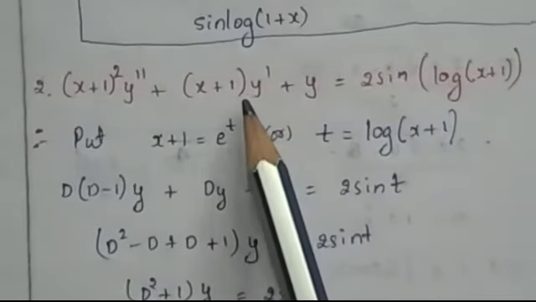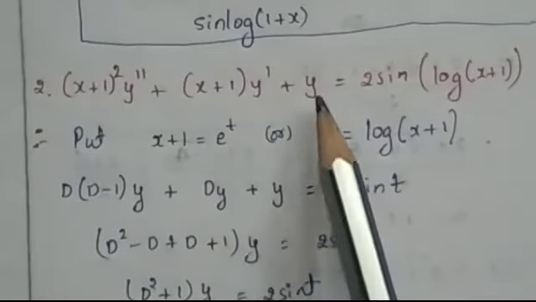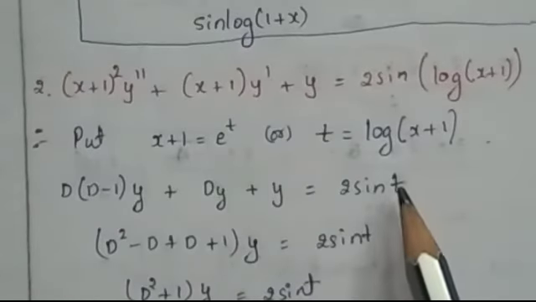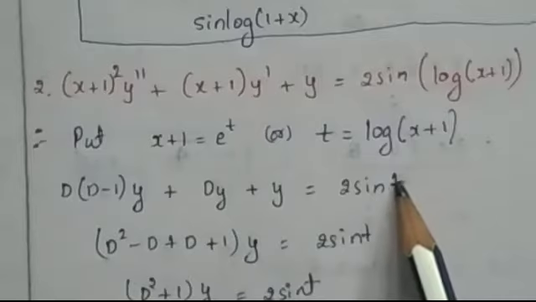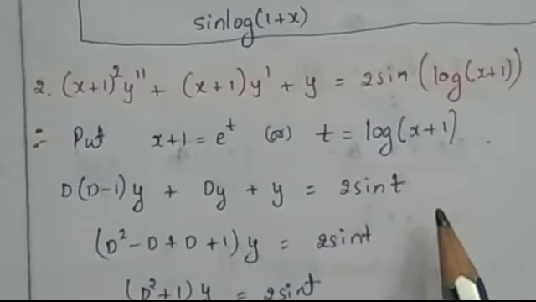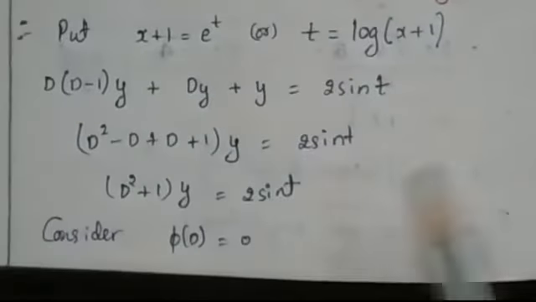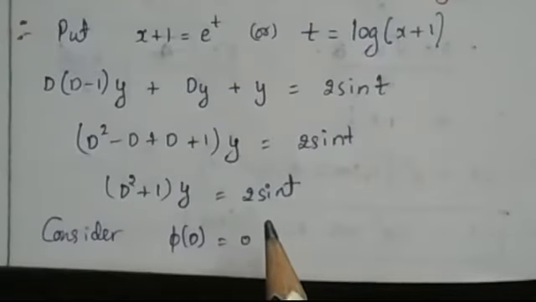A value is 1, so you get Dy plus y equal to 2 sin of log of (x plus 1), which is nothing but t. Okay, 2 sin t. So after solving this equation, you get (D square plus 1) into y equal to 2 sin t. Let us consider phi of D equal to 0 for finding the complementary function.